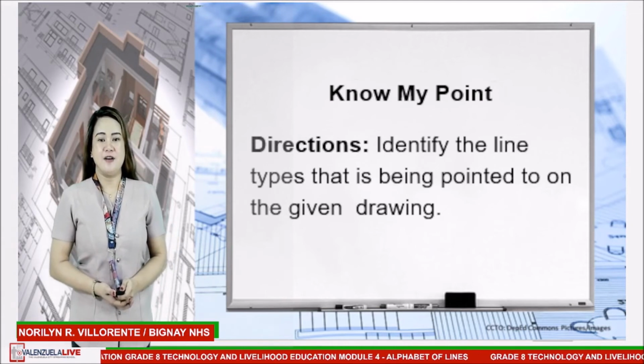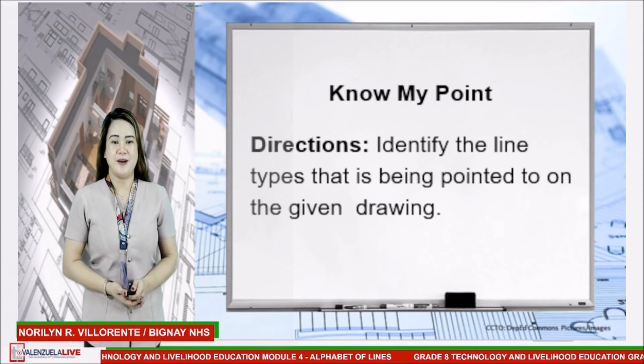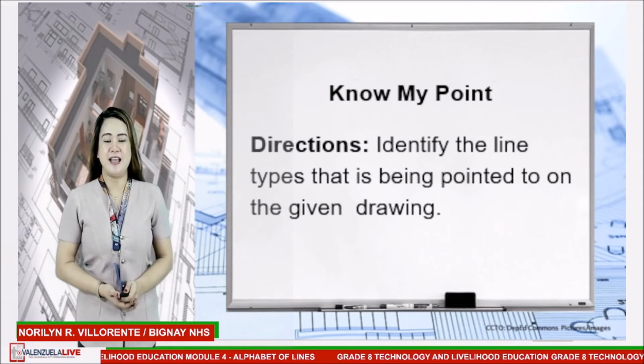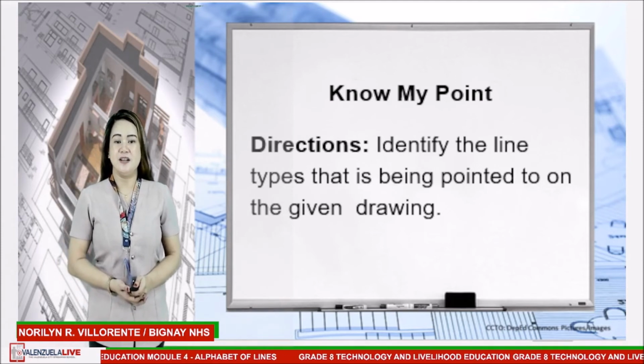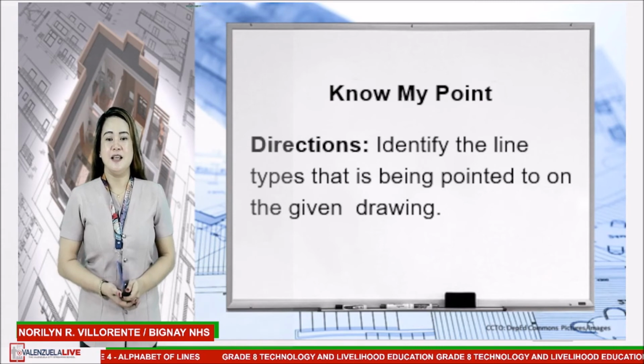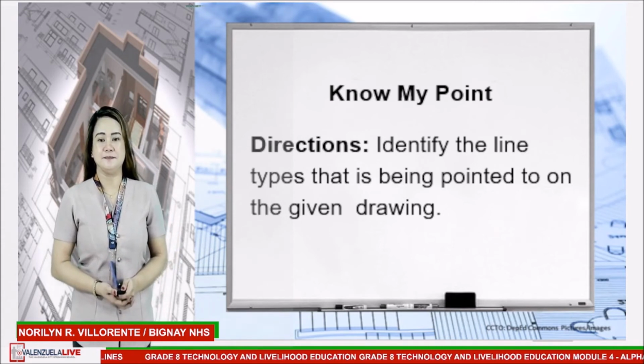So for now, let's have some more activities titled Know My Point. With directions, identify the line types that is being pointed to on the given drawing. Choose the correct answer in the given choices. You have 5 seconds to answer each number. Let's begin.